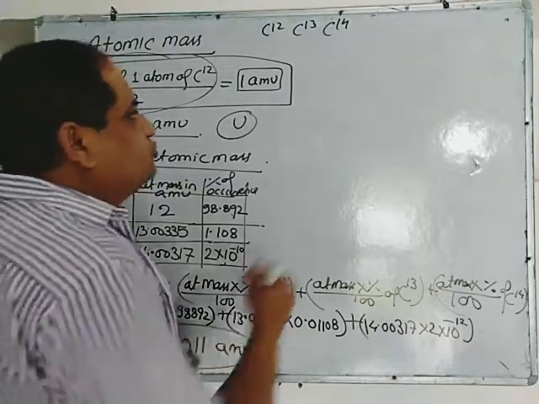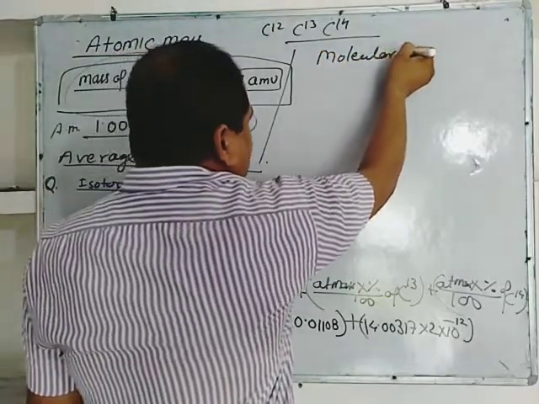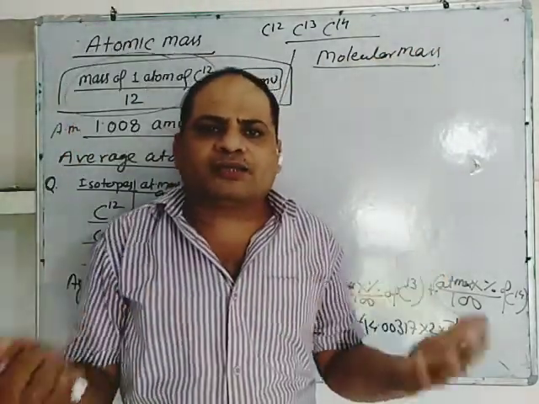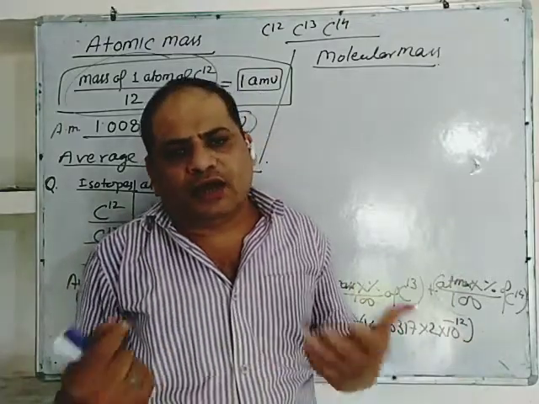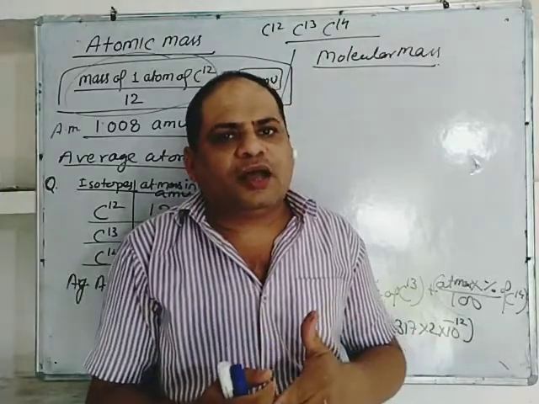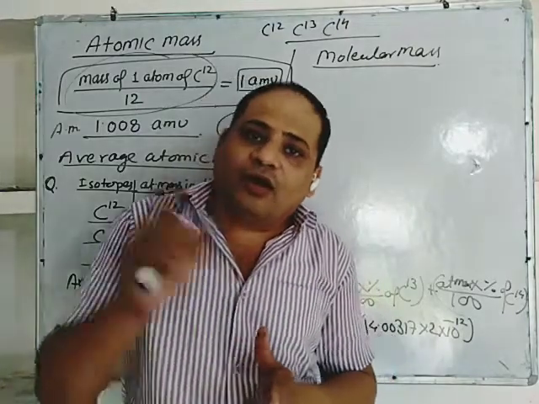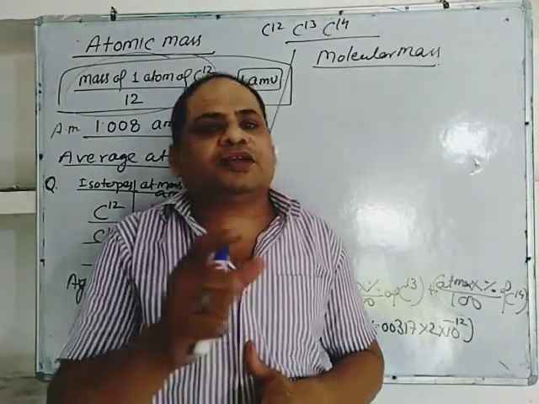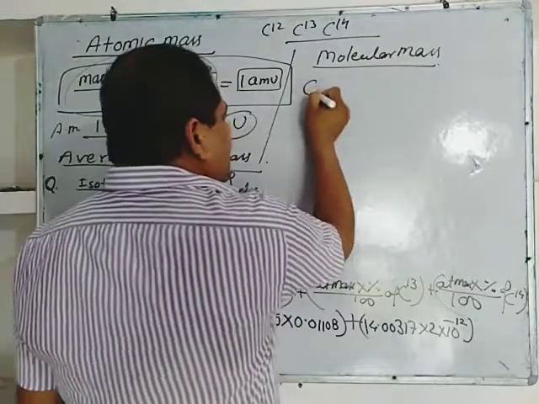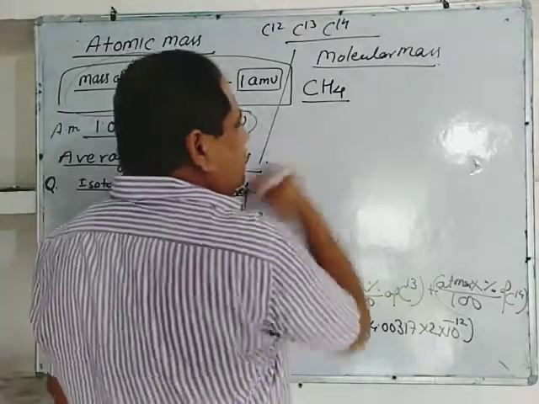Now, come to molecular mass. As you know, atom has atomic mass, molecule has molecular mass. The molecular mass of a molecule is the total or sum of the atomic masses of all the atoms present in that molecule. For example, if you have to obtain the molecular mass of methane, how will you find it?